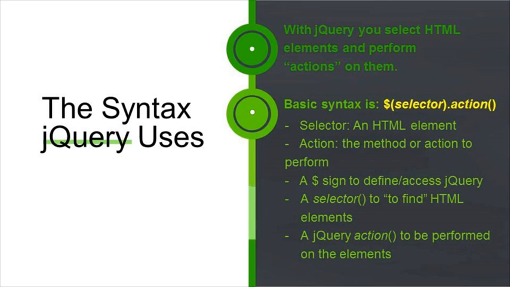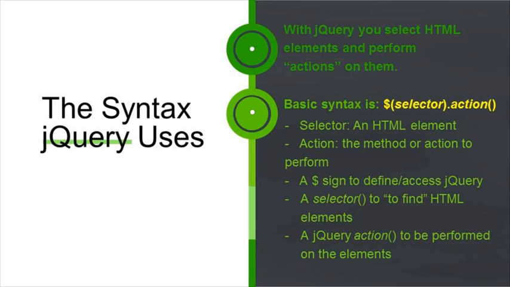Now, the $, it actually defines or it accesses the jQuery library for the syntax. So once we put a $, it tells us, hey, we're going to allow jQuery to use the syntax. This is jQuery syntax and not just a plain old JavaScript syntax, because we're fancy now.